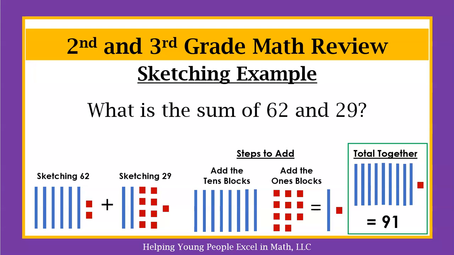Because we have that 10, that means we added on another tens block. So instead of having just 8, when we add one more, that is 9, and we are left with one ones block. So our answer is 91. We have 9 tens blocks plus we have one ones block. Let's look at our next example.